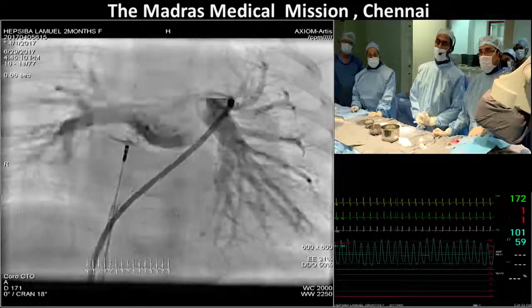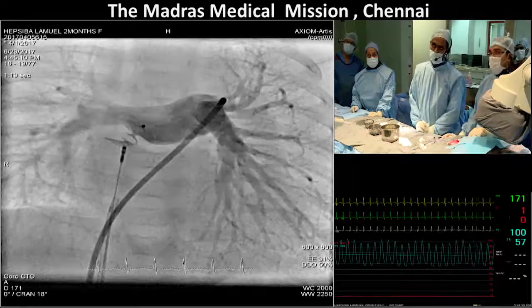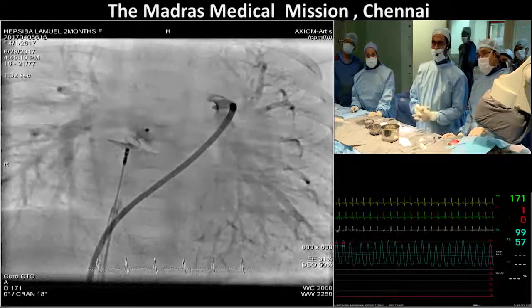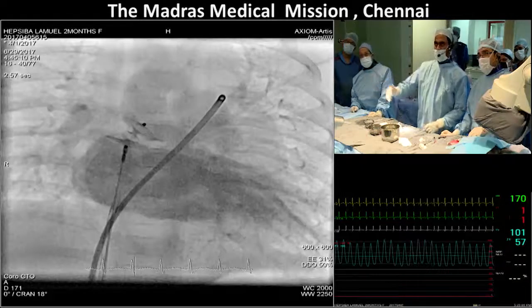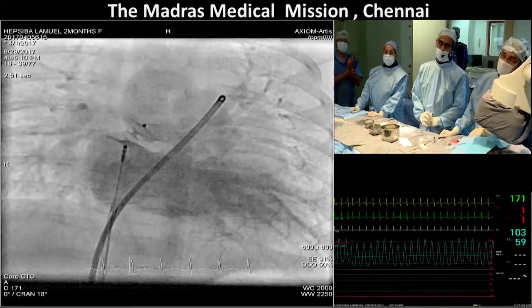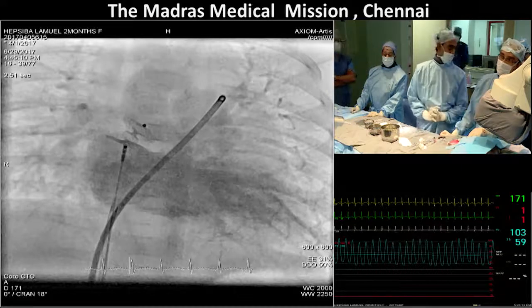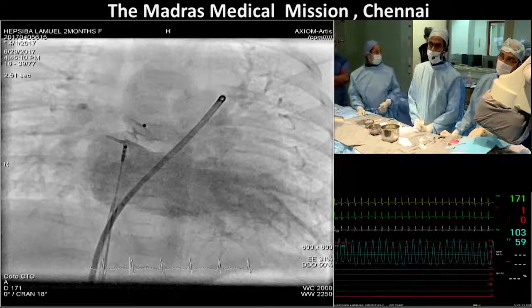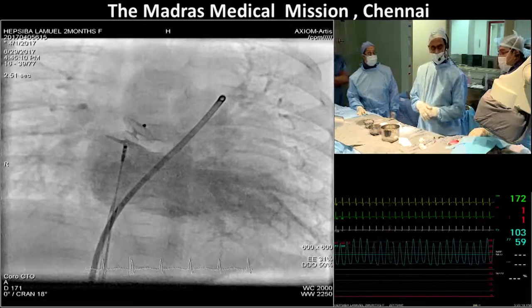So the pulmonary artery side seems to be well opposed. And go to the levo phase. Freeze it. Go back. The left atrial side also seems to be okay. Positionally, we feel that we are reasonably good. I would certainly agree with that.